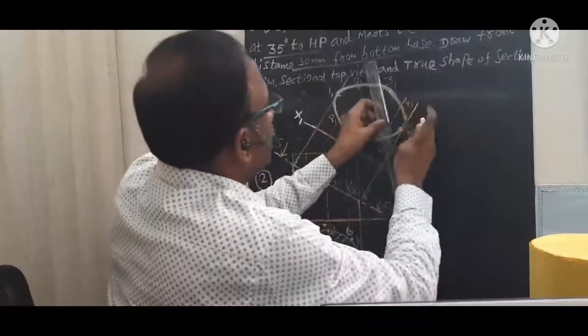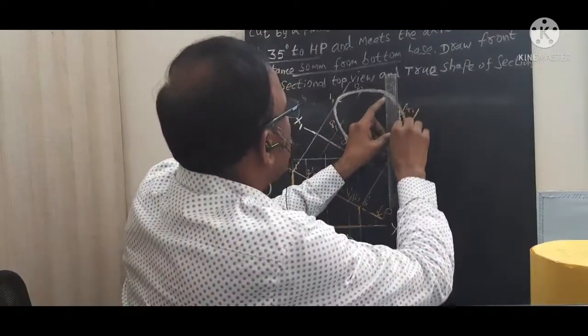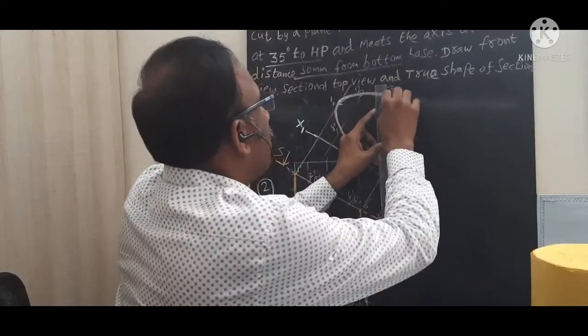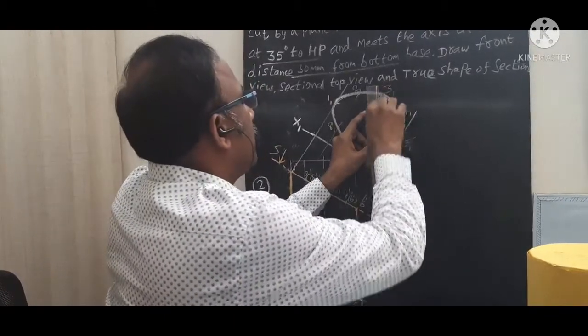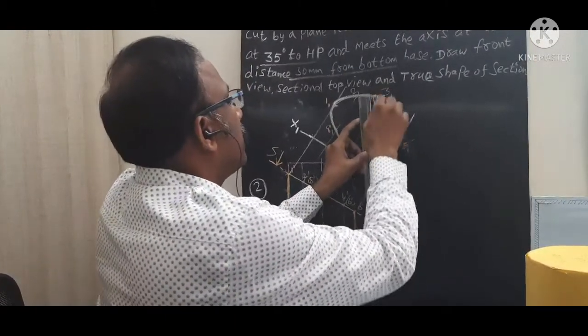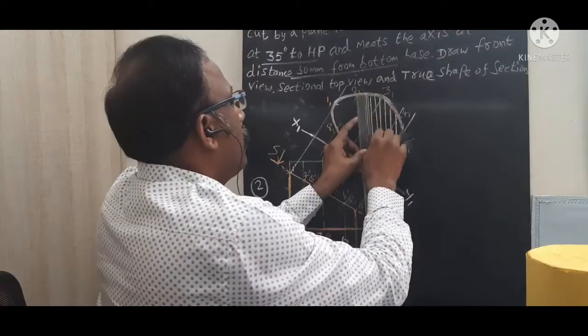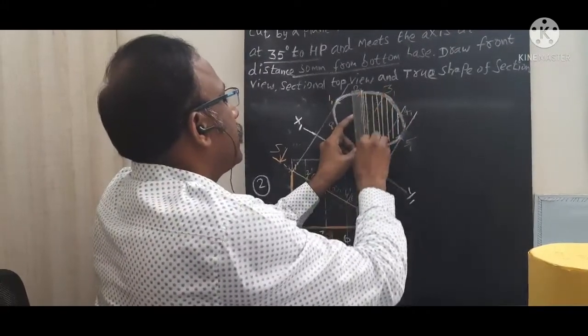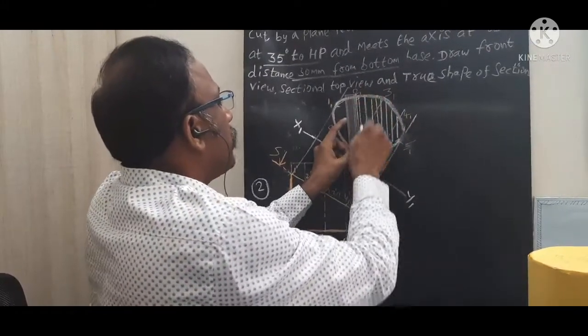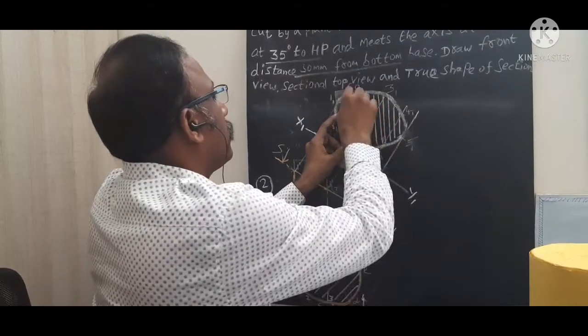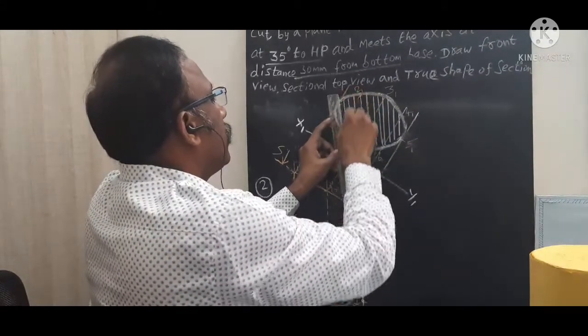For representing this. Now I am going to draw in these directions the 45-degree line, equally spaced line for representing the section portion. Section portion, we want to draw this section line as a lighter line, equally spaced and 45-degree line, right? You need to draw like this way.